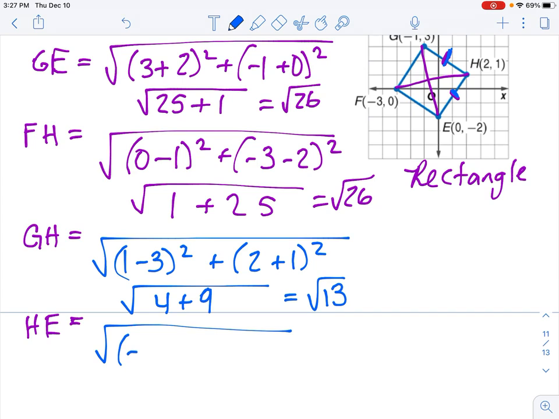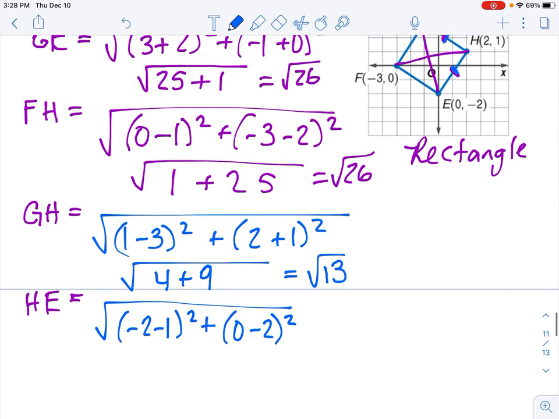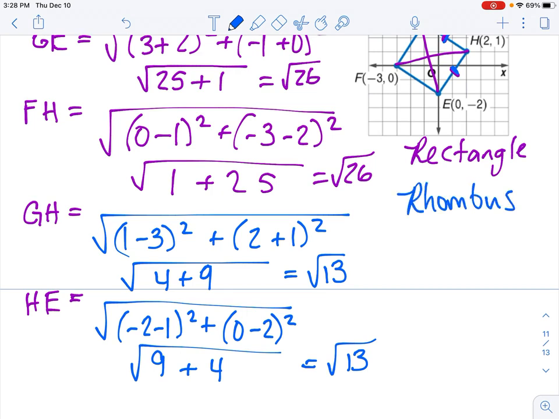One more to check. All right, looks like once again that these are the same, so it is a rhombus as well, making it also a square.